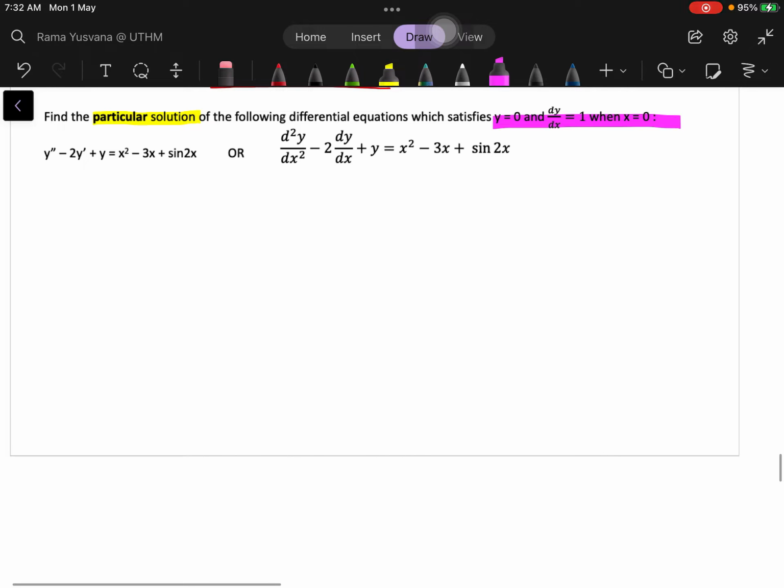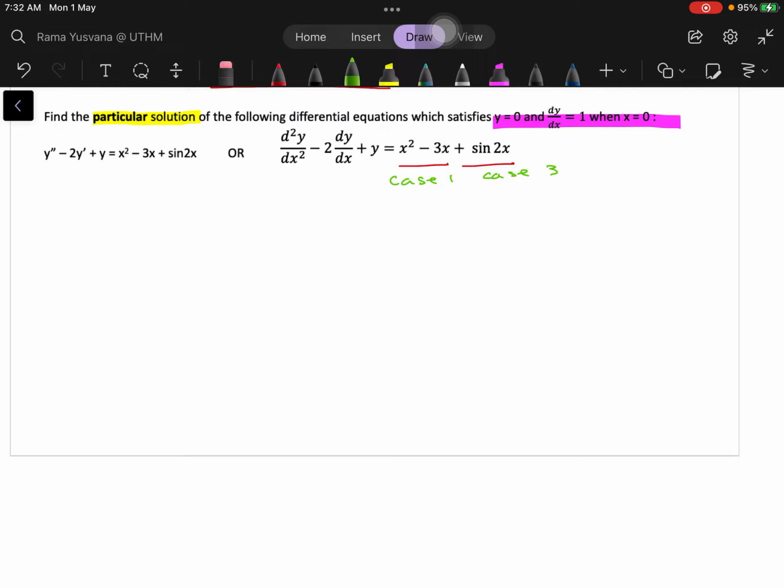So for now we look at our problem. Second derivative d squared y over dx squared minus 2 dy/dx plus y equals x squared minus 3x plus sin x. You can see here this is similar to case 1, and this one here is case 3, sinusoidal, and case 1 is polynomial.